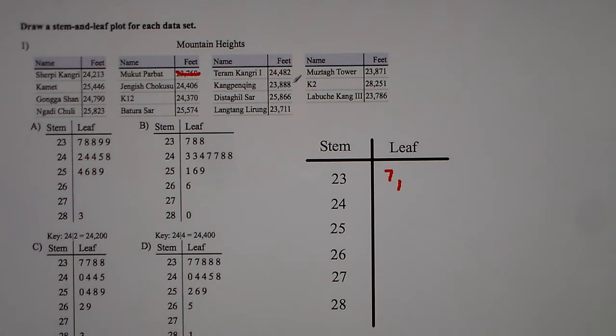Is there any more 23s? Yep. There's a 23 here with 23,888. So we do a 7 and an 8. Oh, 23,711. That means it's another 7, because that's the digit to the right of the comma. 23,8. So there's another 8. And then 23,7 for another 7. So we got 3 7s and an 8.